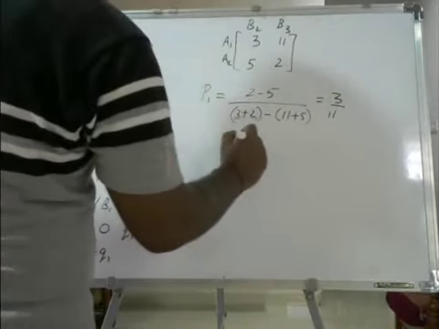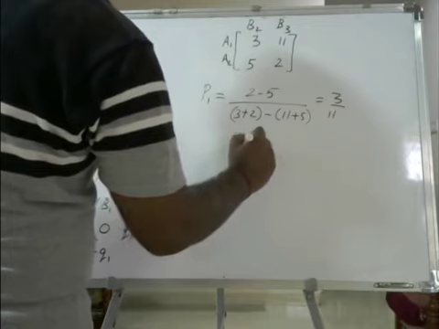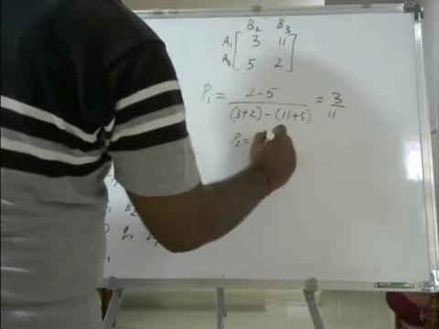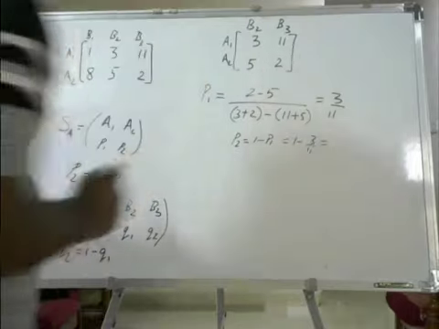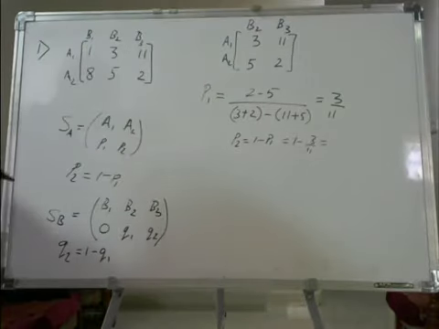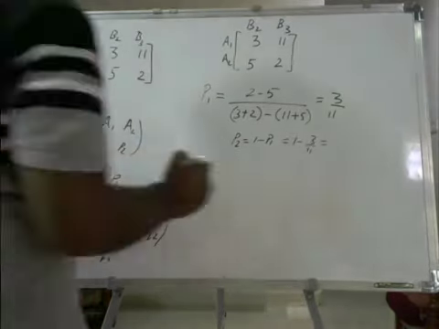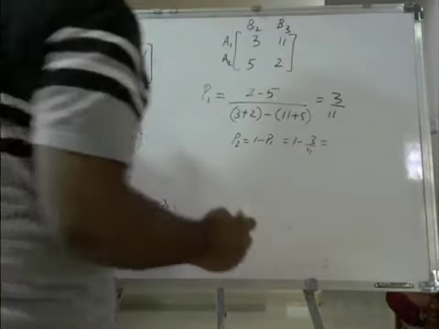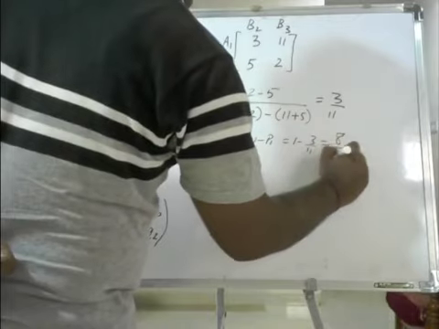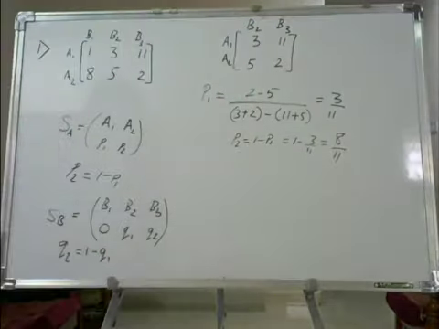Then P2 is 1 minus P1, which is 1 minus 3 by 11, that is 8 by 11. So P1 and P2 are 3 by 11 and 8 by 11.